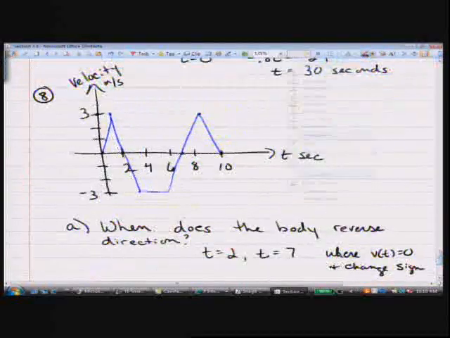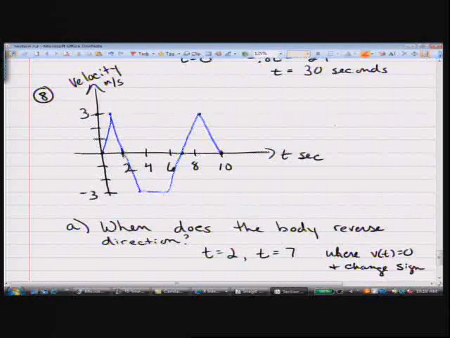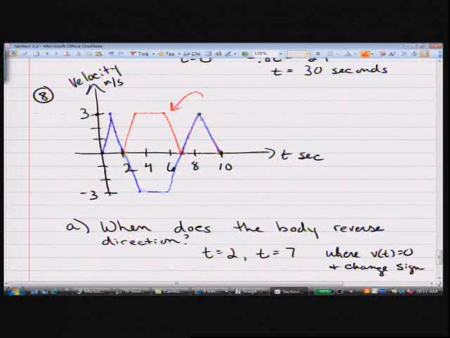The only thing that's different about speed is that it's never negative, right? So these negative parts are going to come up. And so it's going to go like this, and then like that, and then like that. And it's also going to be on this part too. Does that make sense?